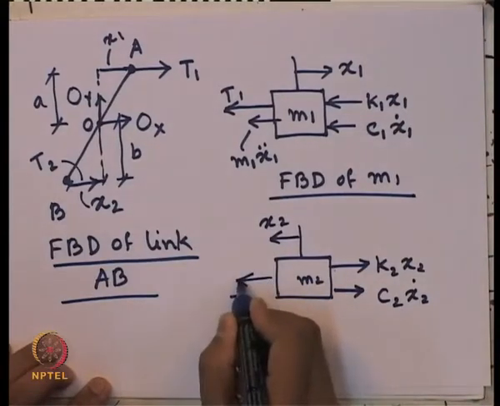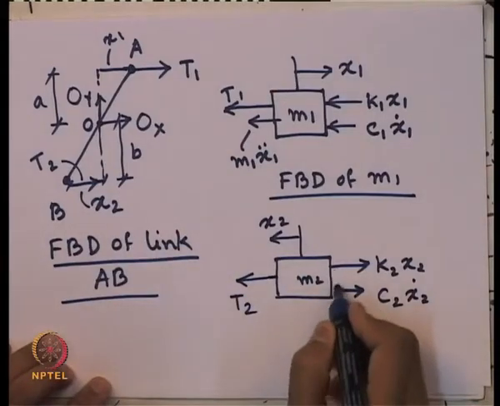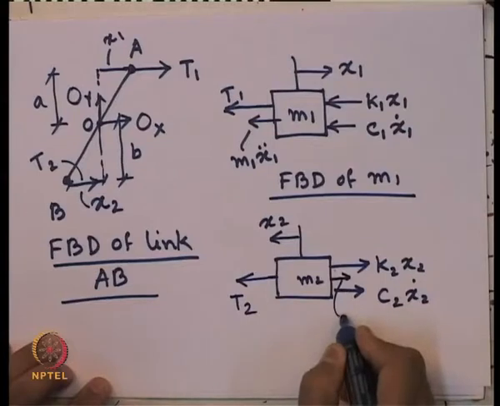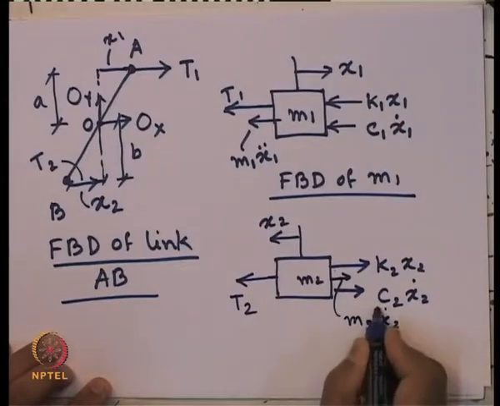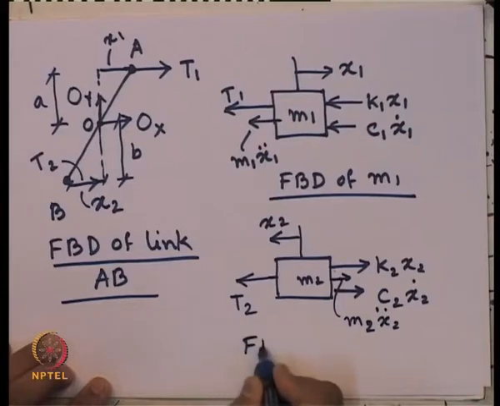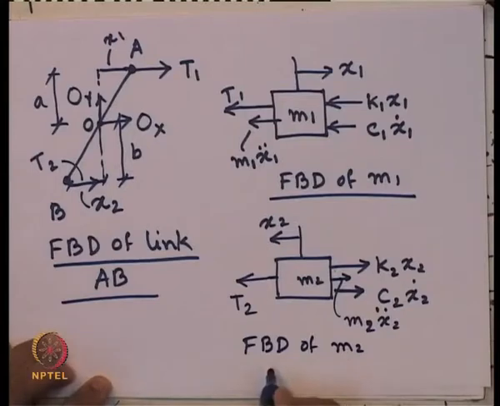So, this direction T2 and this direction T2 balance through that link, and M2 x2 double dot is the inertia force. So, this is the free body diagram of M2.